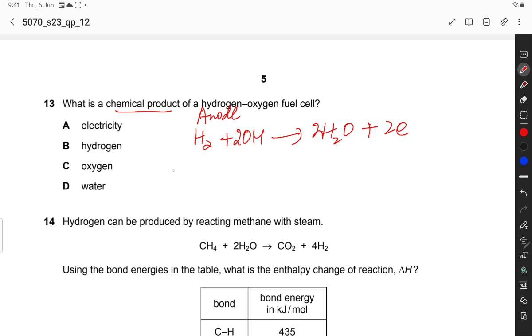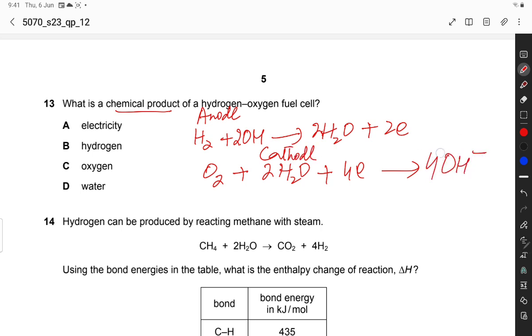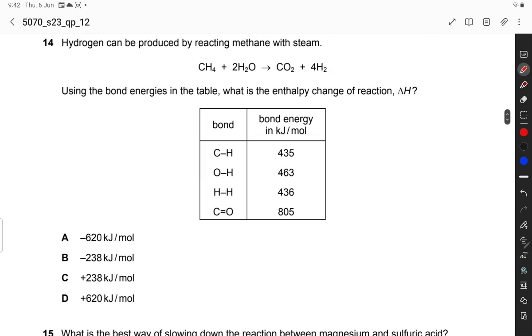And oxygen reacts with water and 4 electron to form, this is cathode reaction, 4OH negative, which is further reused at anode to form water. So the chemical product of hydrogen oxygen fuel cell is water, not hydrogen, not oxygen, and electricity is not a chemical product.